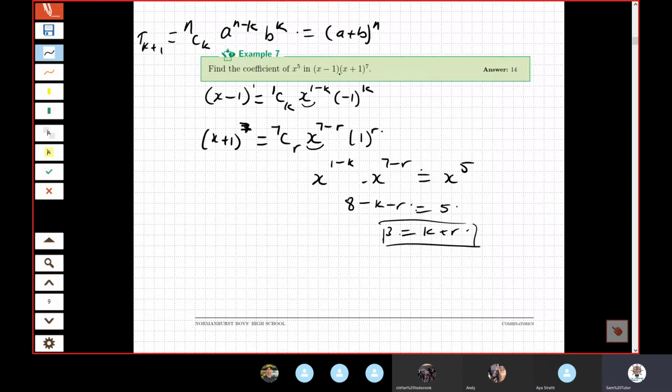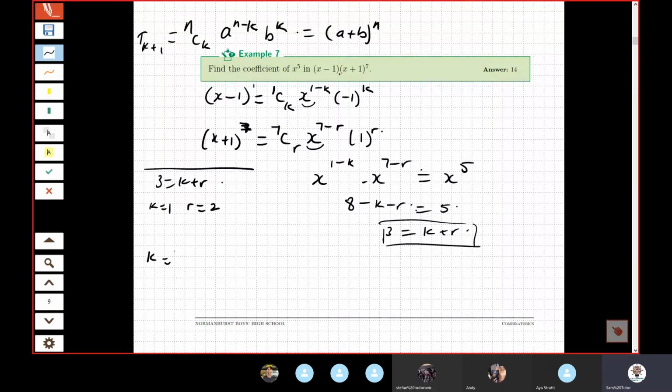Yeah. And then there are a few cases. So what you've got to understand, when you've got to this stage, is that there is the case where r could be... All right, well, let's start with k. K is probably the easier one. The maximum value k can be is 1. If k equals 1, r equals 2.